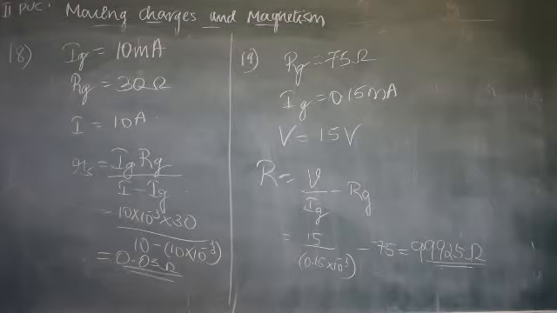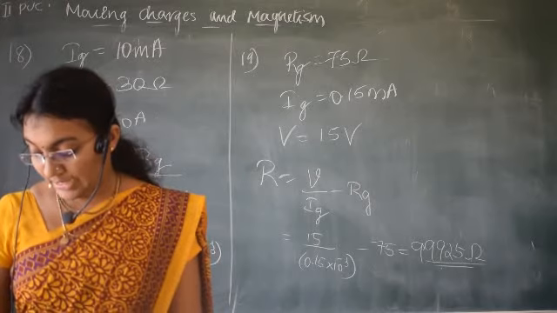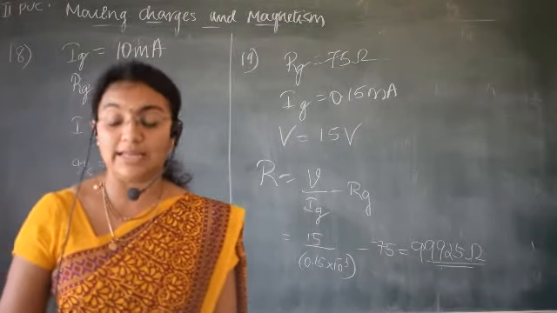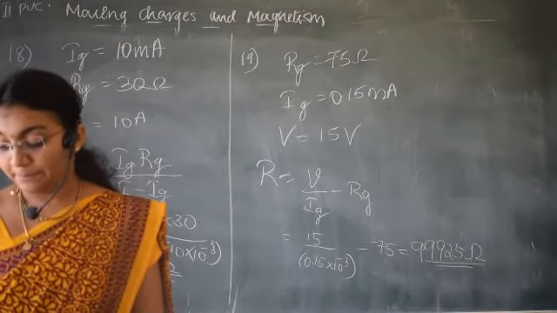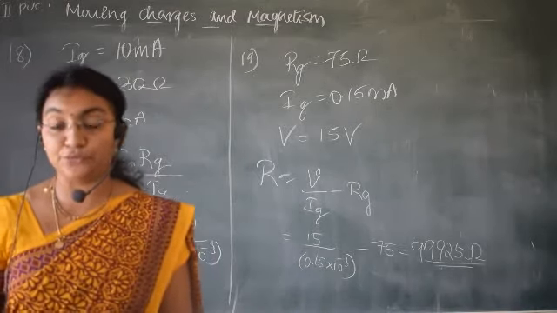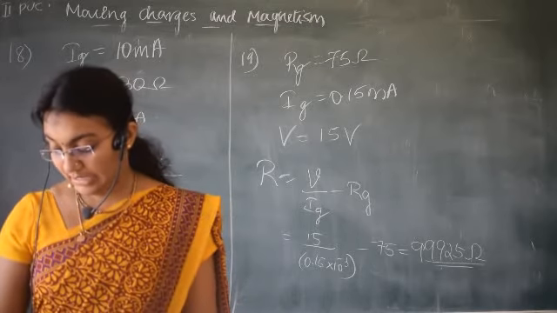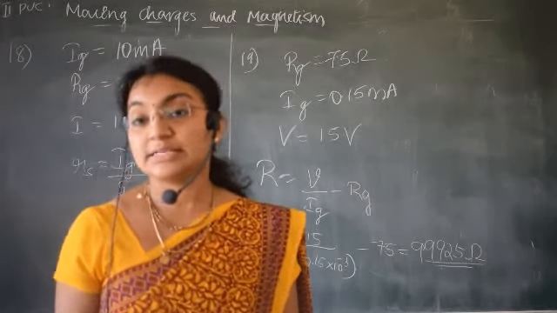The next question, question number 20. A galvanometer coil has a resistance of 15 ohm and the meter shows full scale deflection for a current of 4 milliampere. So Ig is equal to 4 milliampere and Rg is equal to 15 ohm. How will you convert the galvanometer into an ammeter of the range 0 to 6 ampere?